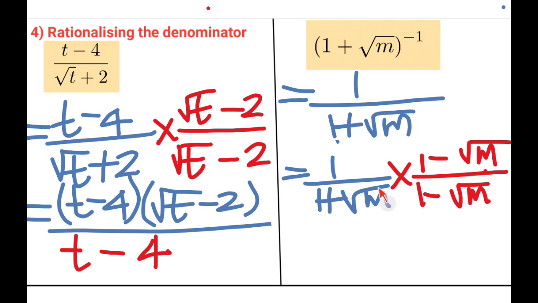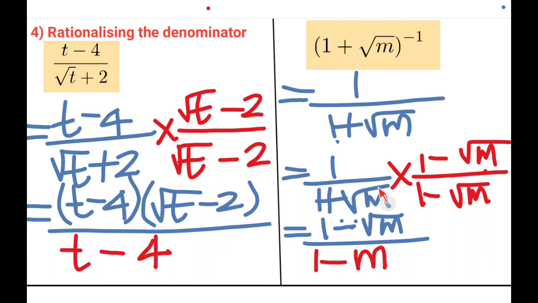That's why you do that. So that is equals to, the numerator you can leave as that. It's 1 times, so that's 1 minus square root of m over, and the bottom, the denominator becomes a difference of 2 squares, so that is 1 minus m. And that is how you solve that.